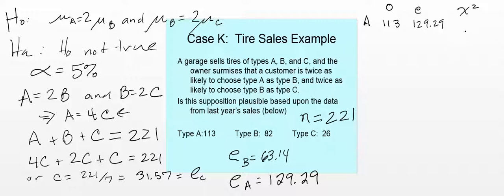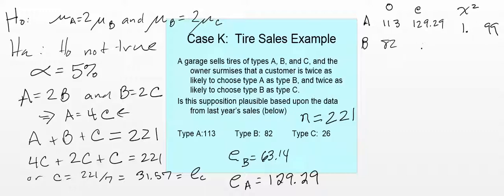And when I did that, for A, I got 1.5399.